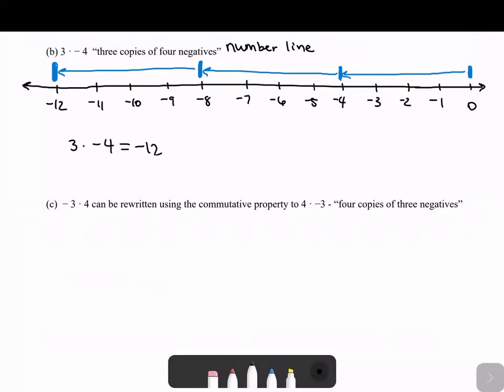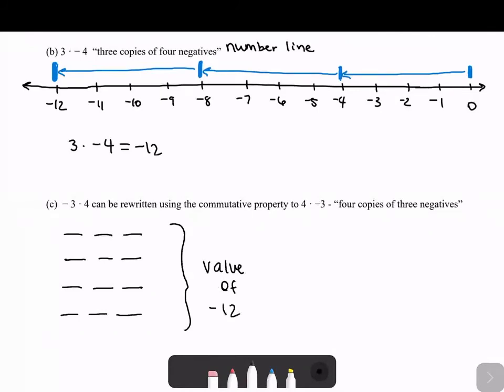We have 1 copy of 3 negatives, 2 copies, 3 copies, and 4 copies of 3 negatives. This picture has a value of -12 because we have 12 negatives. So -3 times 4, which is 4 times -3, is -12.